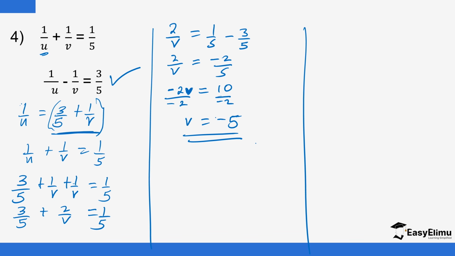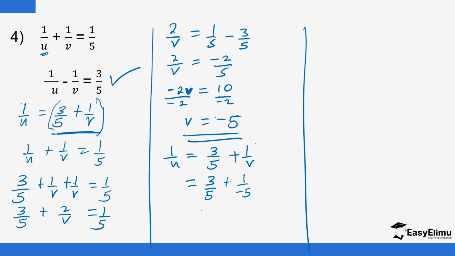Now I'll use the expression for 1 over u, which is 3 over 5 plus 1 over v. But v is negative 5, so I'll substitute that. So 3 over 5 plus 1 over negative 5.